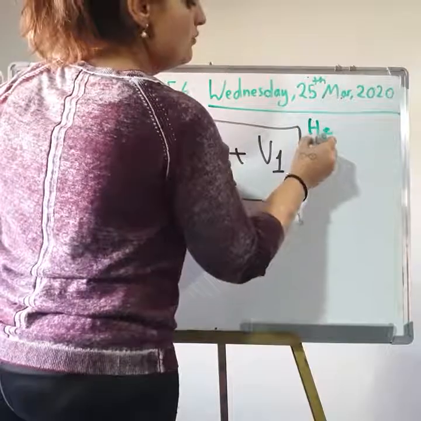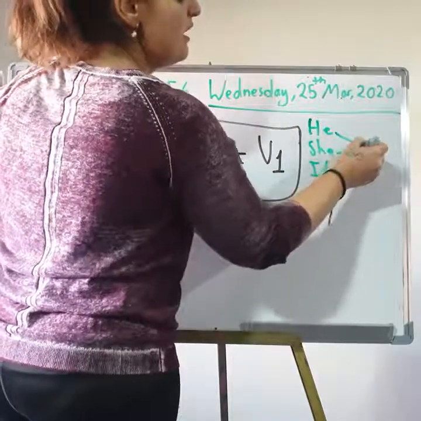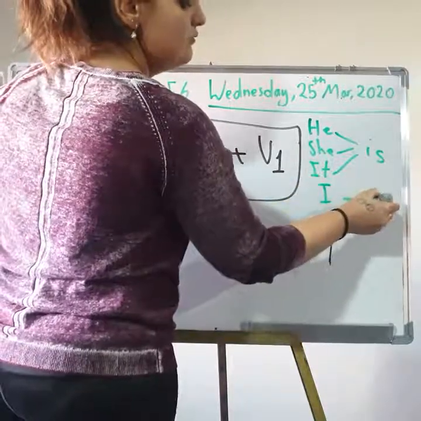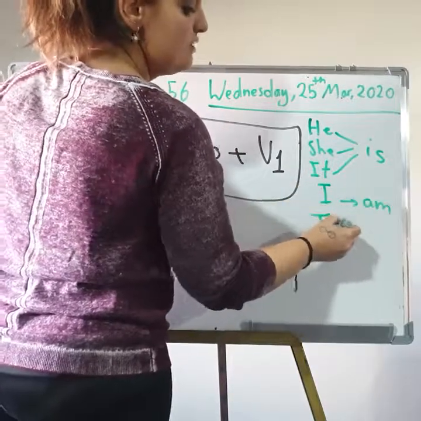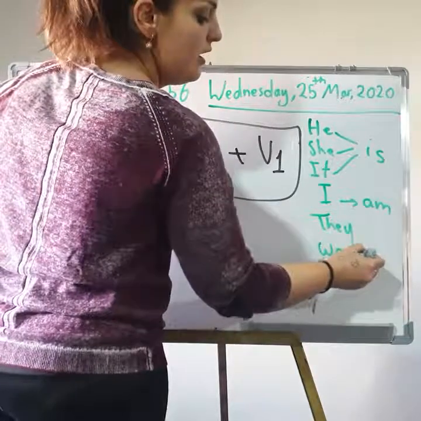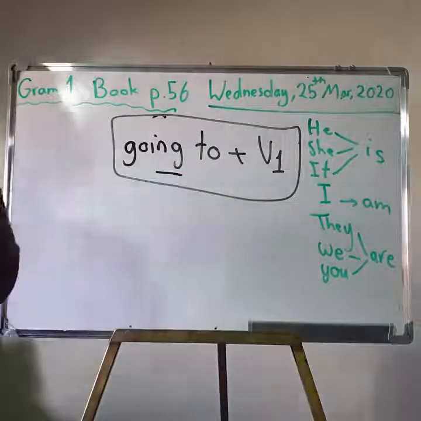With he, she, or it, if the subject is singular, I use is. If the subject is I, I use am. And if the subject is plural, like they, we, or you, I use are.